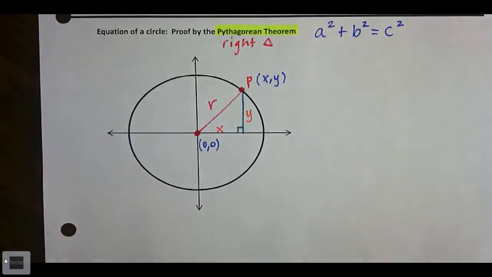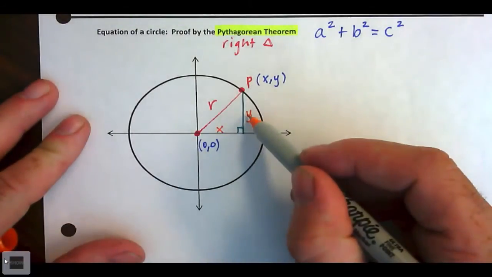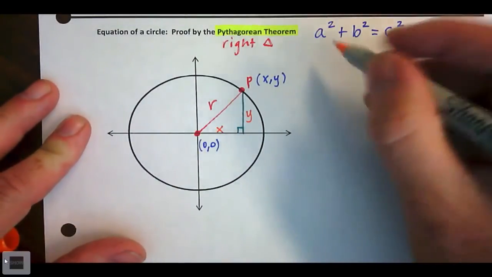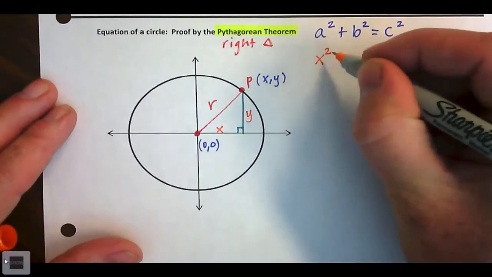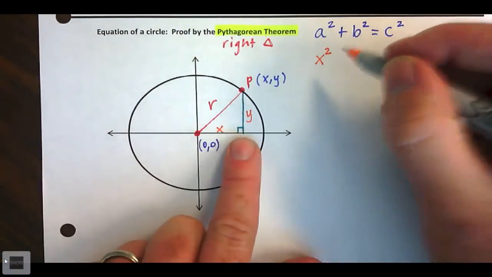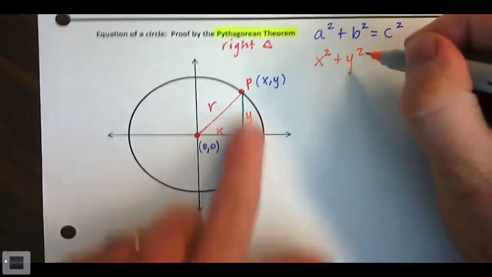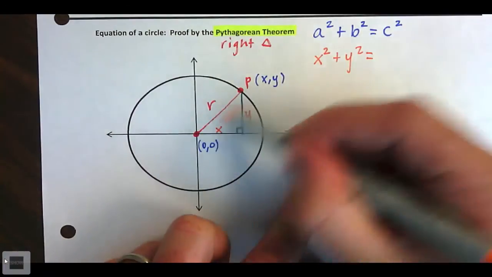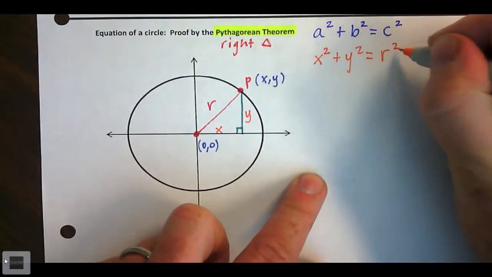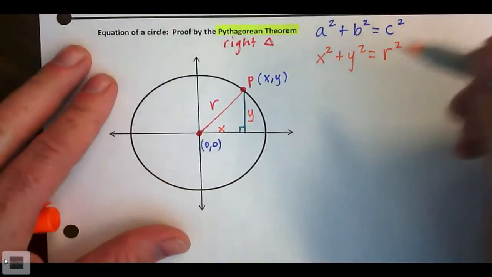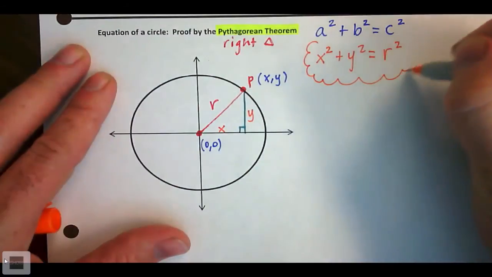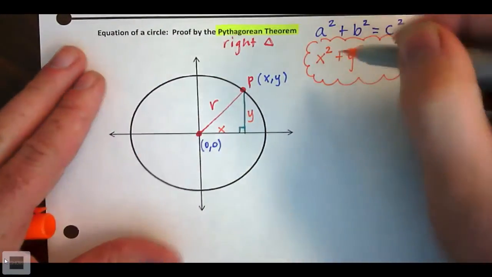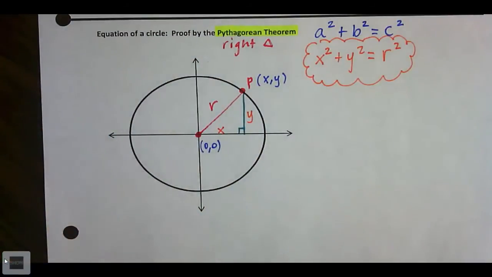My sides x and y are just like my a's and b's. So I have x squared, one side of the triangle, plus y squared, the other side, equal to c, the hypotenuse, which I know is r. So I have x squared plus y squared equals r squared, and look at that, that proof was so much faster than the distance formula.